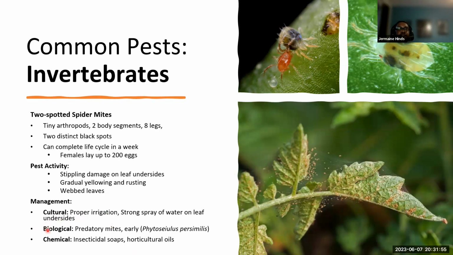As far as biological control, there are predatory mites that you could purchase. This is a predatory mite that's attacking a two-spotted spider mite. And then there are chemical insecticides, so insecticidal soaps and horticultural oils can work for two-spotted spider mites.